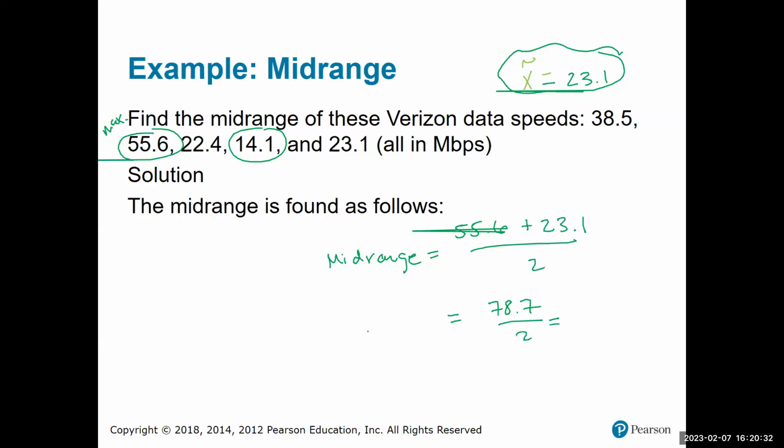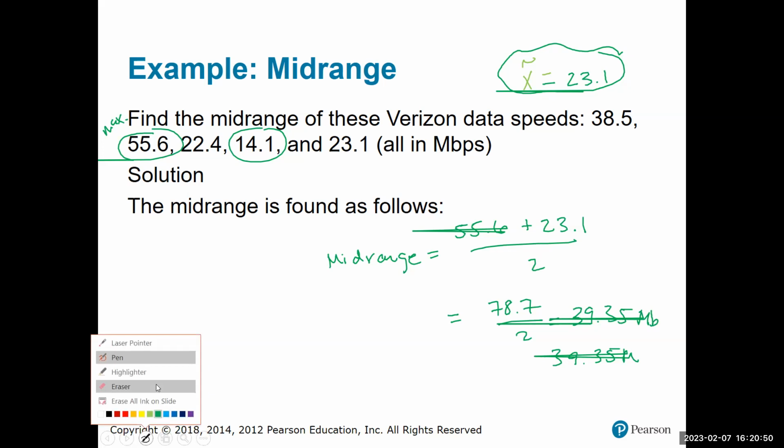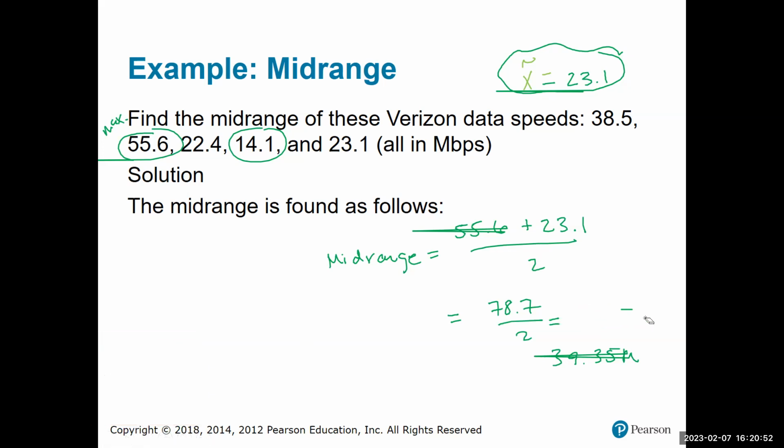So you get 39.35 megabytes per second. Lovely. All right, well, you get the idea, right? That is the answer here.